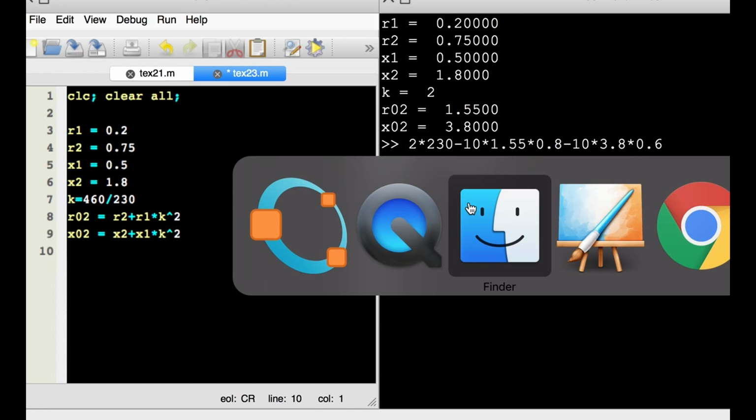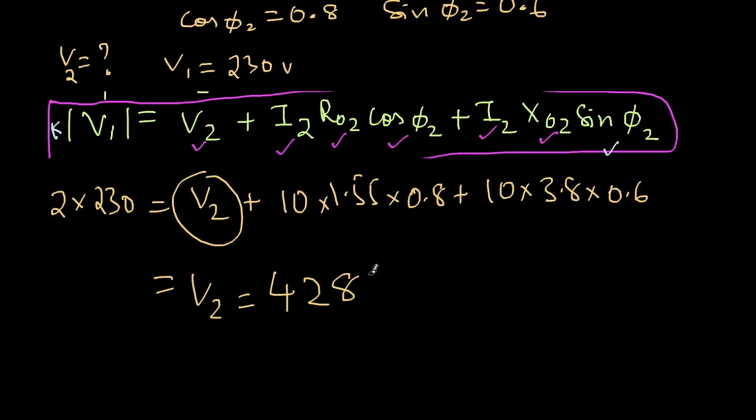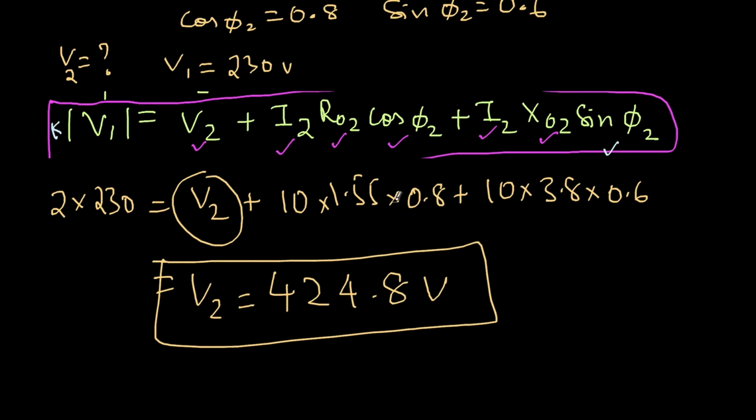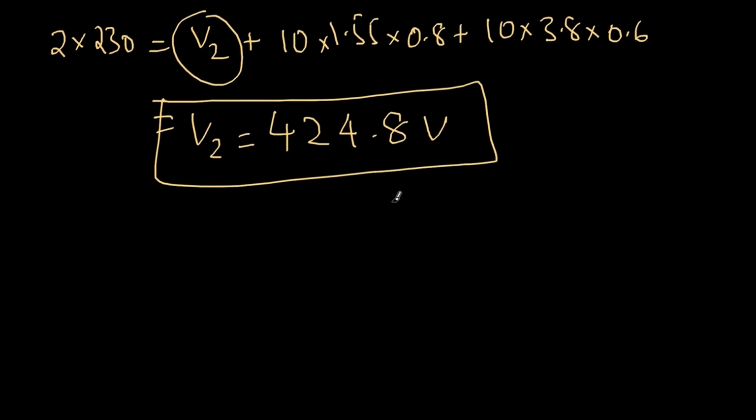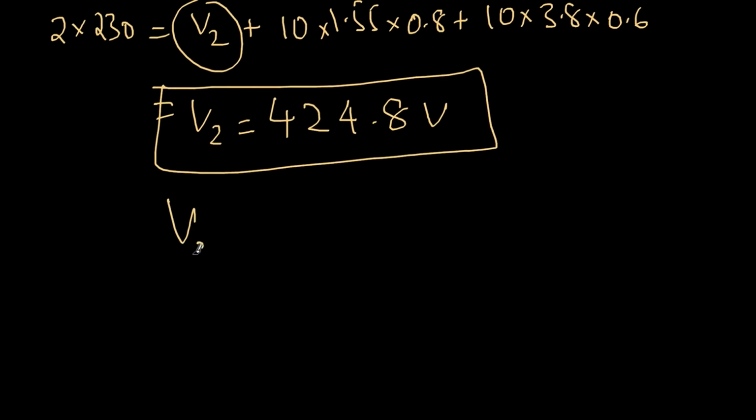So 424.8. So this is the secondary terminal voltage, and that is what is asked in the question, and we have solved it. So what is the expected no load voltage? V2 under no load is actually 460 volts. If I don't load it, I'll get 460 volts, and because of the loading, it is lower.